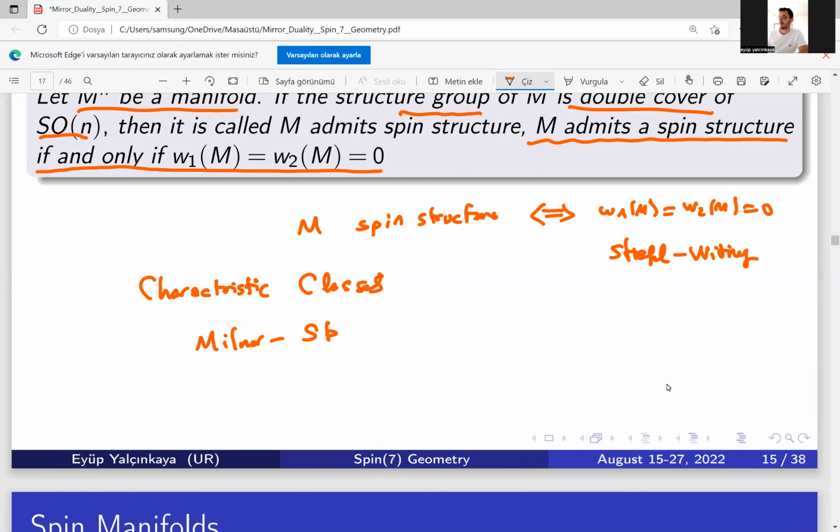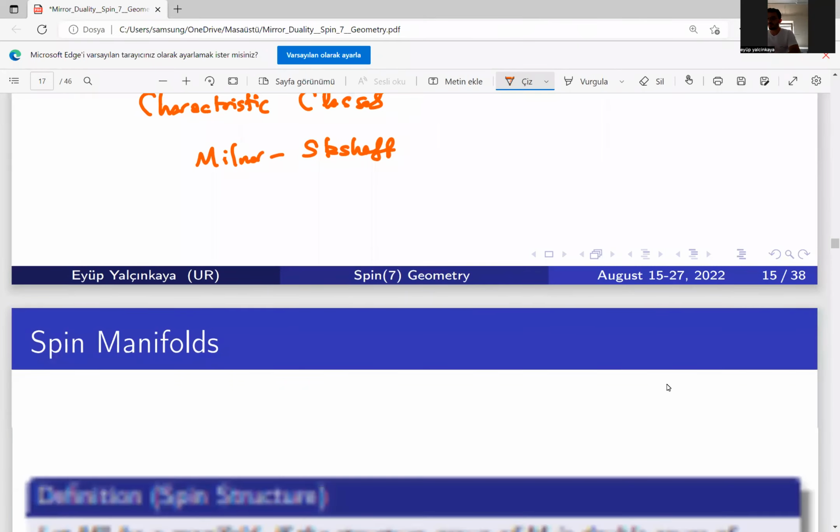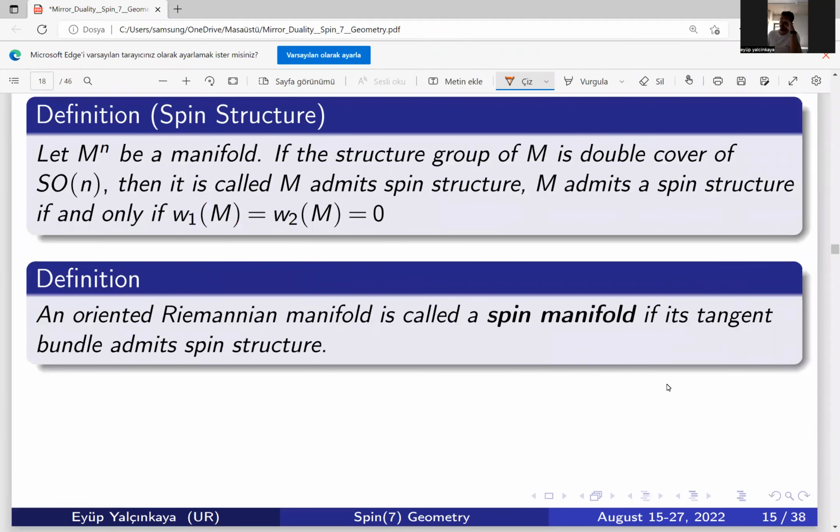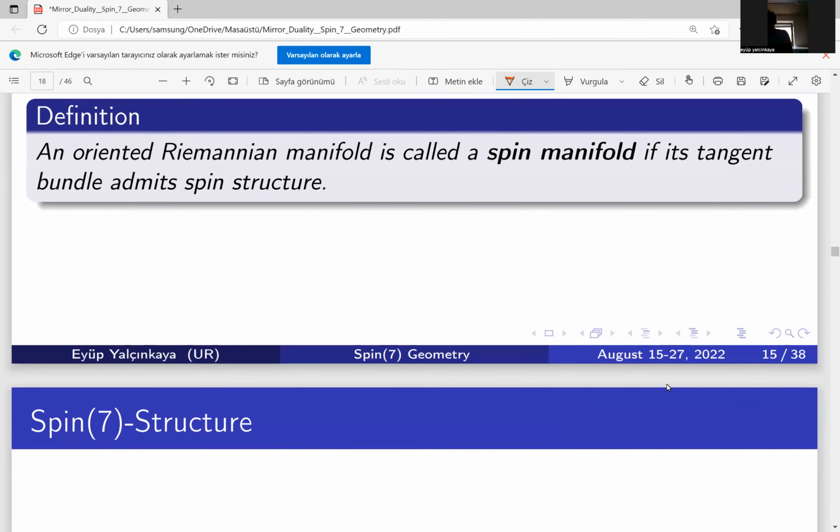Maybe there are better books, but this is the classical book to suggest for everyone. And if the tangent bundle admits the spin structure and w1 and w2 equal 0, we can say the Riemannian manifold is a spin manifold.